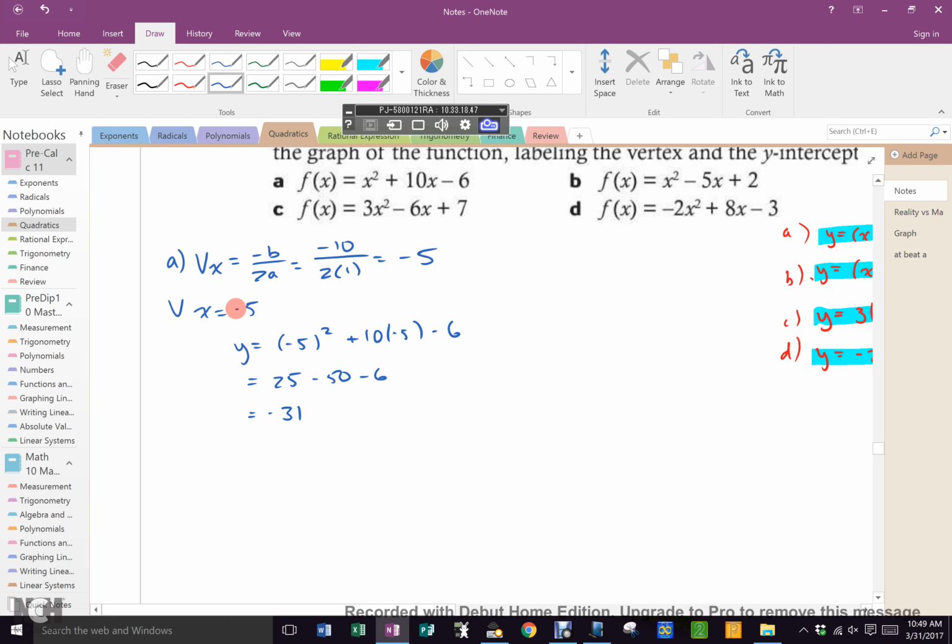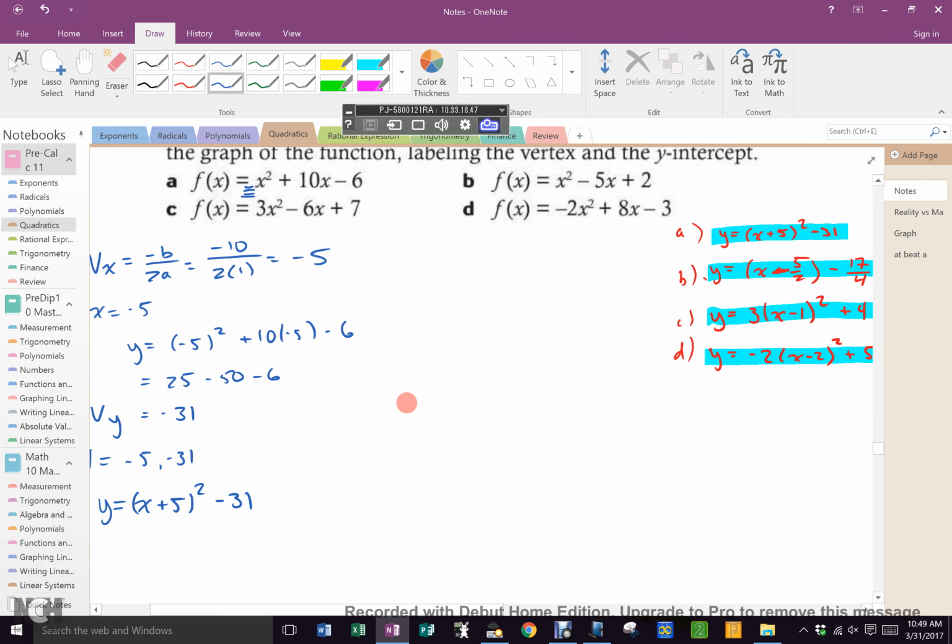So my Vx is negative 5, my Vy is negative 31. So my vertex is negative 5, negative 31. So then I go to my vertex form, y equals x plus 5 squared minus 31. And because there is no a, there's no a here. And you see I have the exact same answer. Okay?